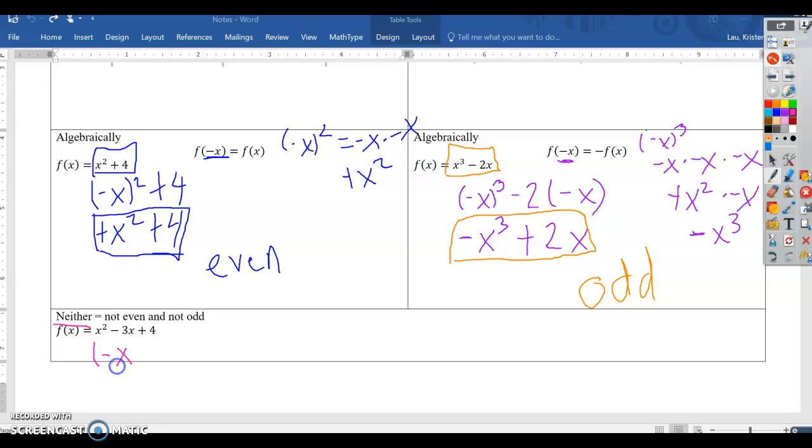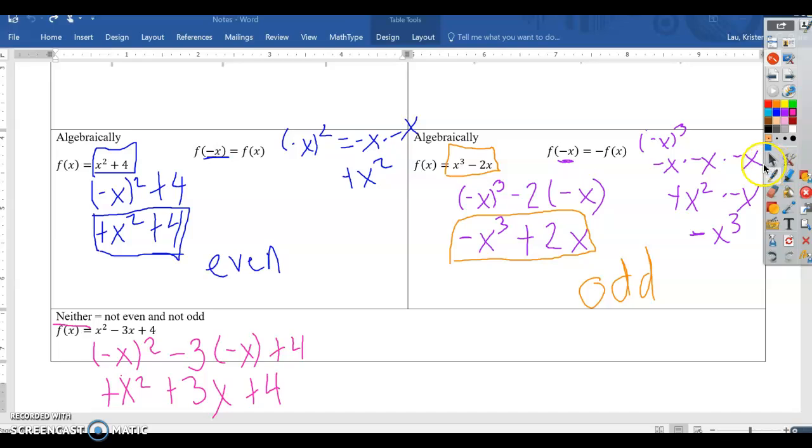So I have negative x squared minus 3 times negative x plus 4. I know that negative x squared, because I did it up here, is going to be a positive x squared. Right here, negative 3 times a negative x, negative times a negative makes a positive 3x. And then just plus 4 at the end.